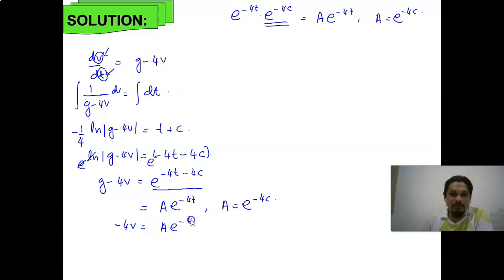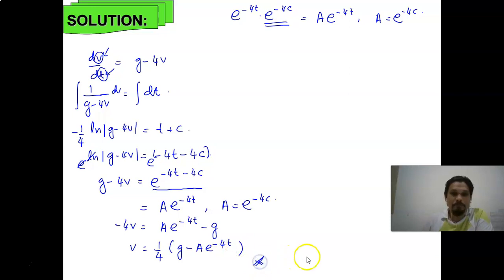So negative 4v equal to a e power of negative 4t minus g, and v equal to, multiply with negative 1 over 4 or divide by negative 4 here, left and right, and come up with 1 over 4 of g minus a e power of negative 4t.